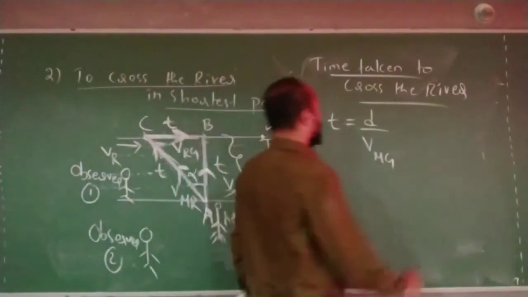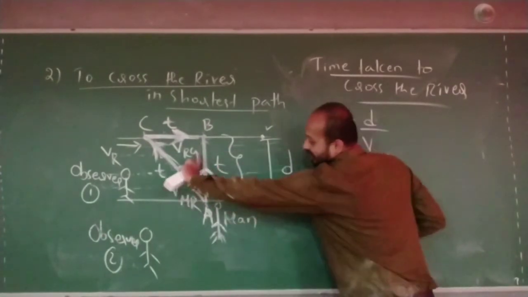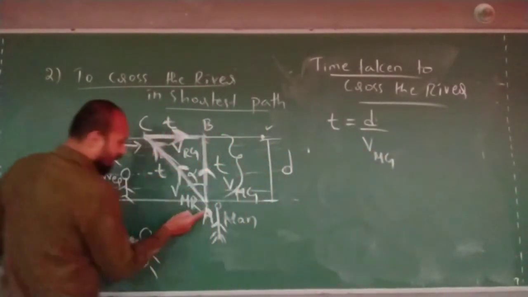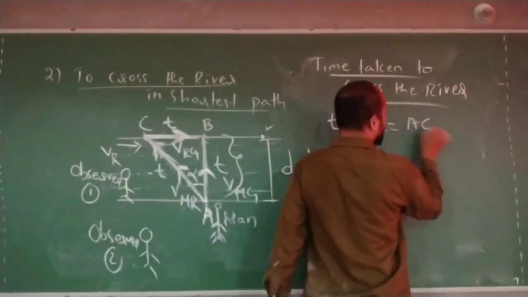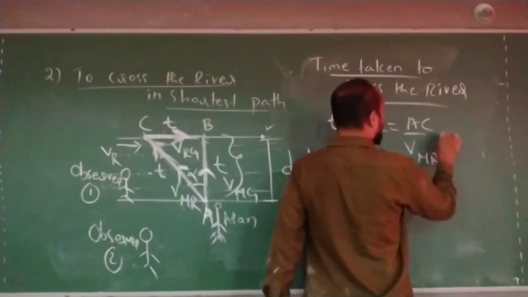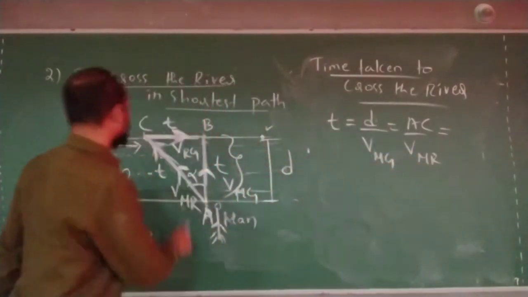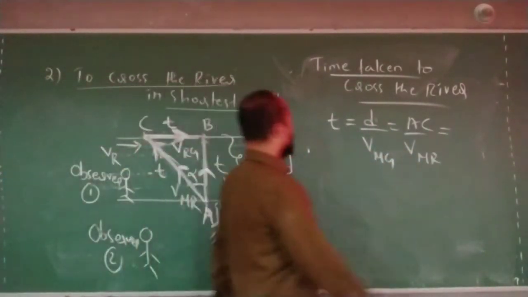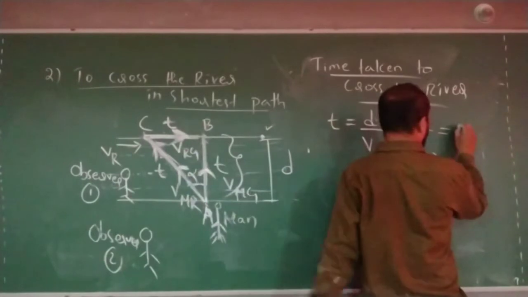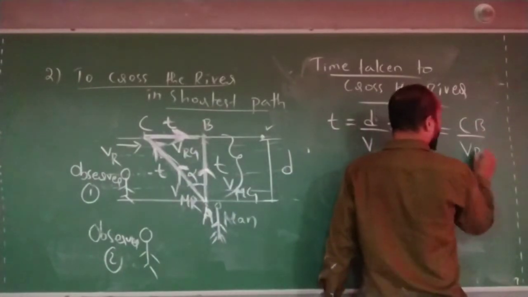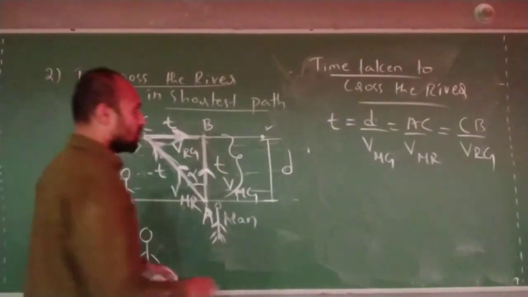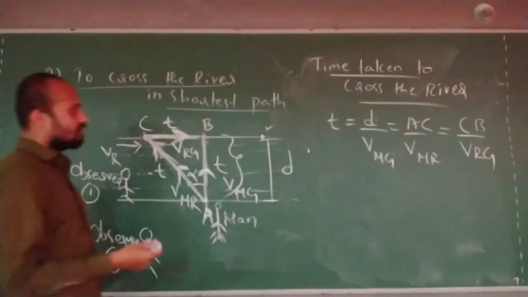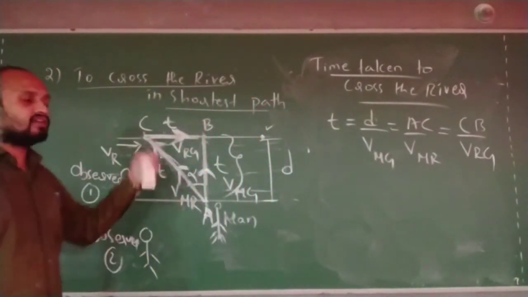That is T is equal to D by Vmg, or AC divided by Vmr, will be equal to CB divided by VR. This is very important. This is the time. So again Vmg, what we have written, the expressions is given, you can follow that.